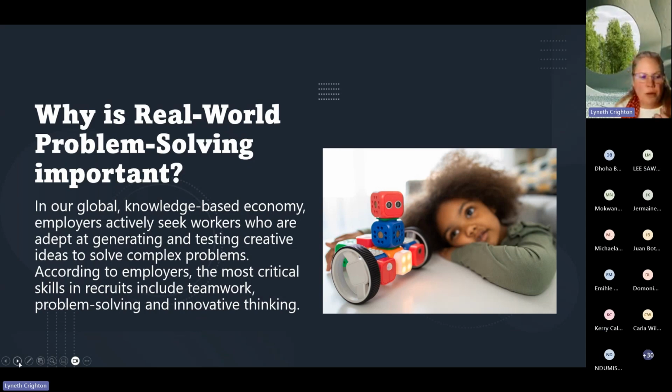This is also one of the most important 21st century learning designs because we need them to solve global warming, hunger, poverty, education for all, those UN Sustainable Development Goals. But at the same time, we need them to solve simple problems at school or at their home or in South Africa and load shedding.